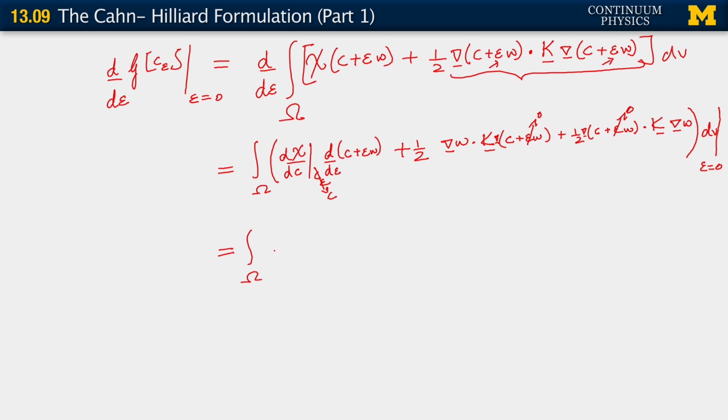We get the integral over omega of chi prime, which is just the derivative of chi with respect to C, times w from here, and on the next term we get 1/2 gradient w dotted with k gradient C plus 1/2 gradient C dotted with k gradient w, dv.